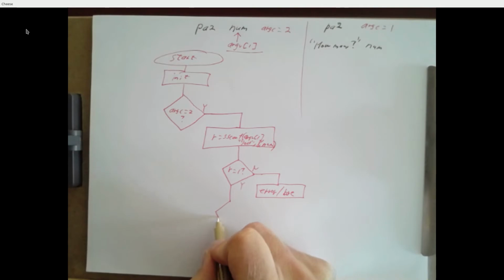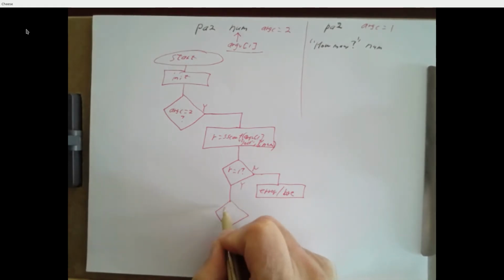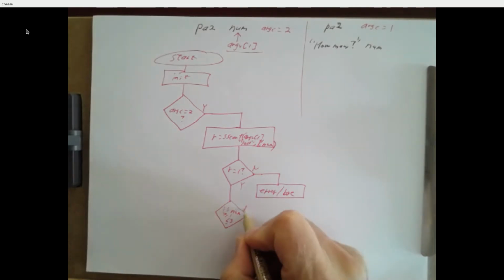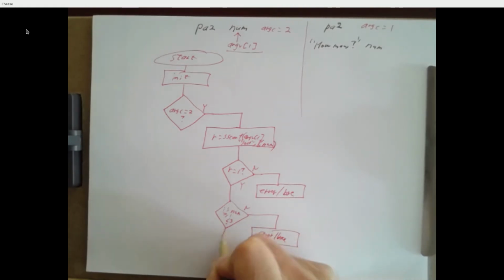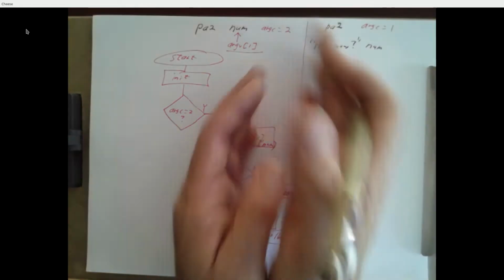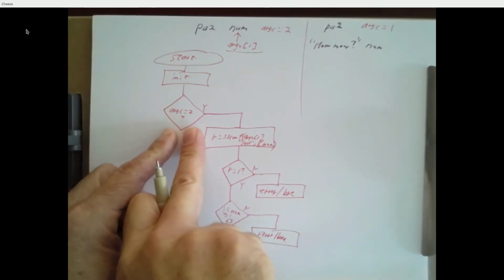So now, is num bigger than or equal to 1, less than or equal to 3? And if not, error, bye. If yes, then we go ahead and we start playing the game with num sticks, right? And that's all if argc was equal to 2.